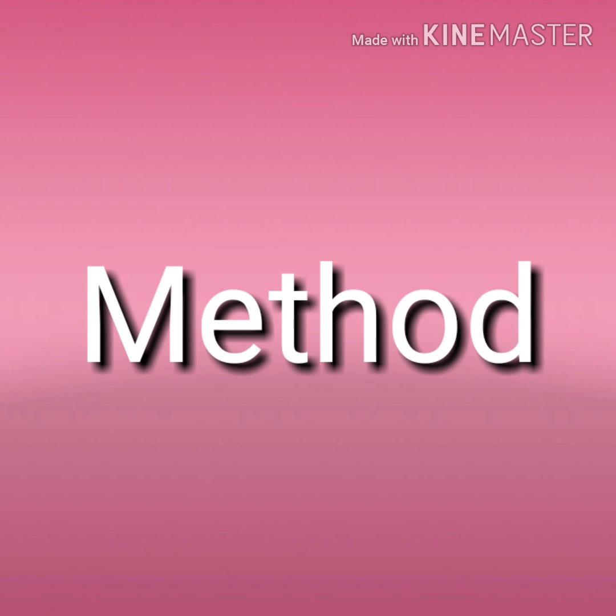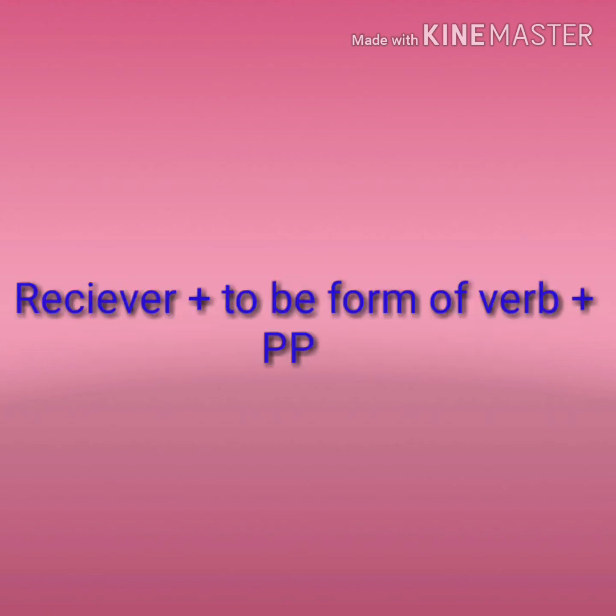Then how to write in passive voice? I will give you a surefire formula. It is the receiver of the action plus some form of the verb to be plus the past participle of the verb, and optionally we can add a prepositional phrase.